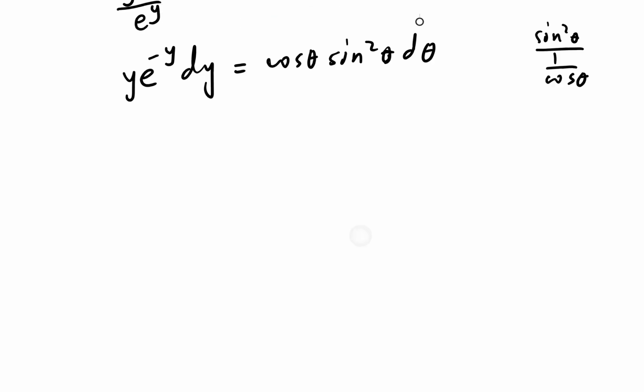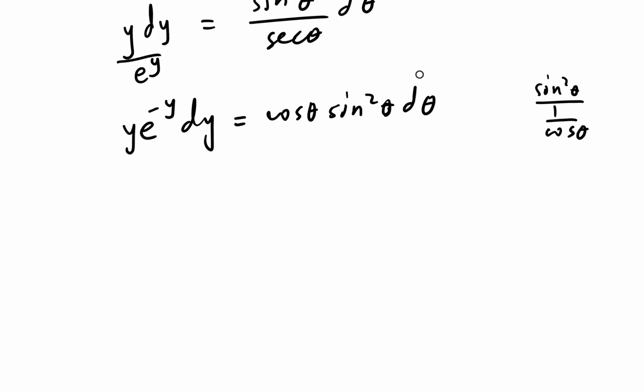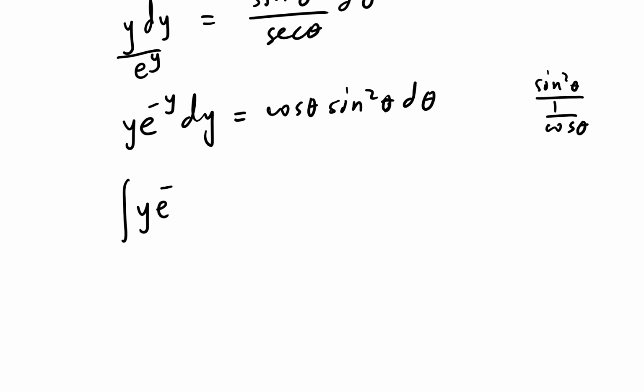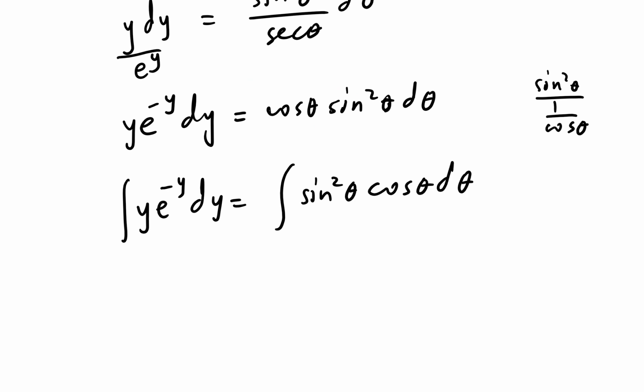Then we integrate both sides. y e to the negative y dy equals the integral of sine squared theta cosine theta d theta. When I look at the right hand side, it's easy to integrate. We can do u sub, u equals sine theta, and du is cosine theta d theta.